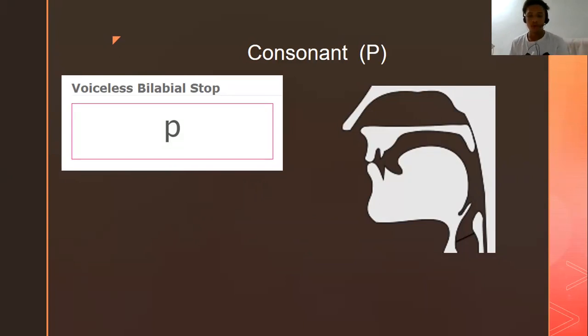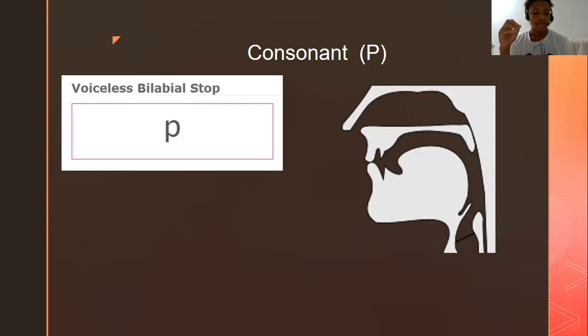The articulation is a voiceless bilabial stop, or oral stop. Its manner of articulation is occlusive, which means it's produced by obstructing the airflow in the vocal tract. The air flow is blocked entirely and the consonant is explosive.